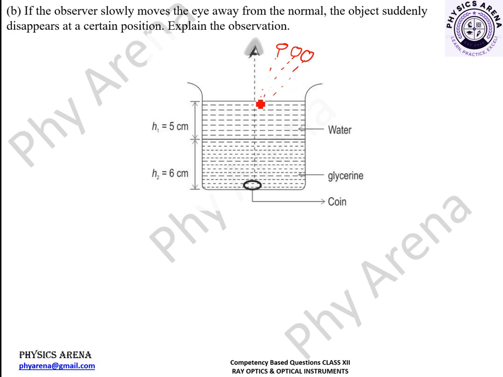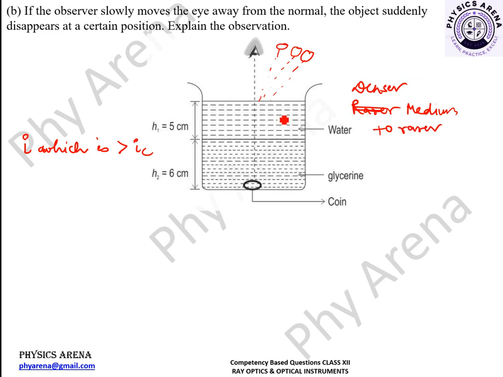There will be an angle of incidence i which is greater than critical angle, because in both the cases the ray is moving from denser medium to rarer medium.